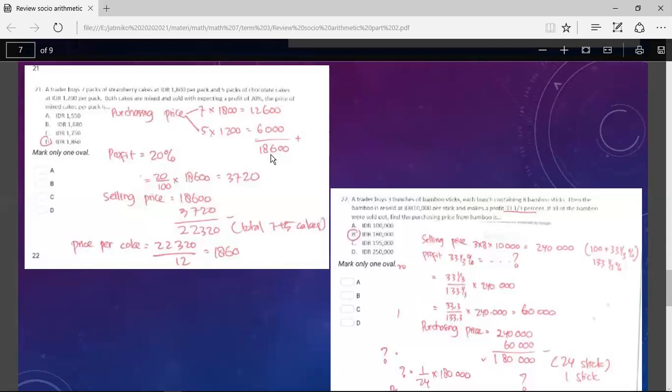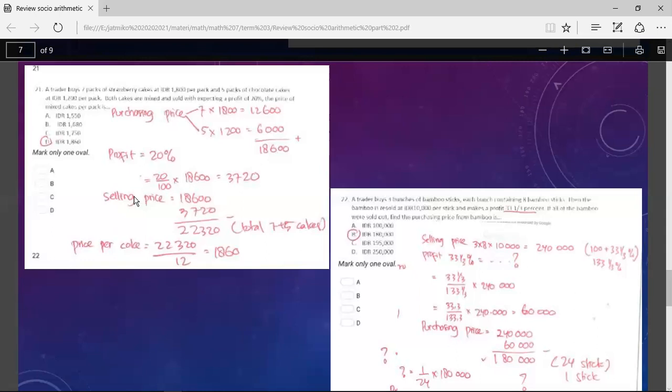So total is 18,600. And then the profit is 20%. So we can count the money. 20 per 100 times 18,600 is 3,720 rupiah.